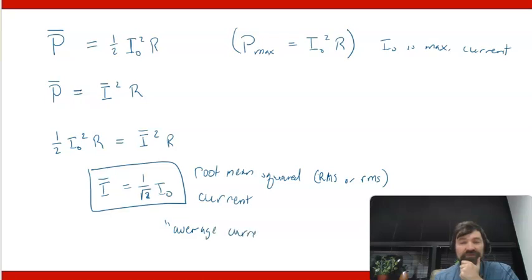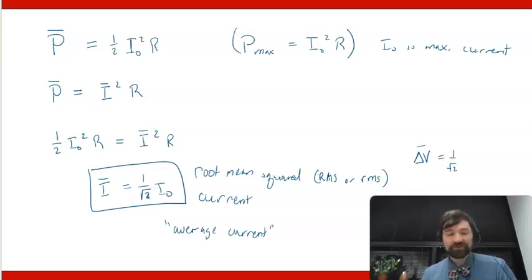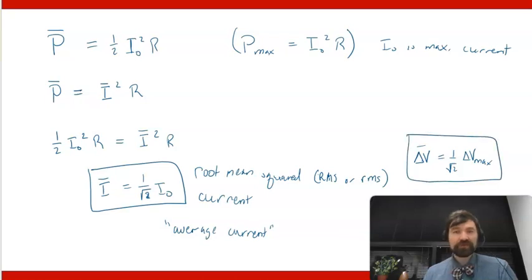The average voltage is found in very much the same way. Basically, your delta V average will be 1 over square root 2 of your delta V max. So that's your root mean squared voltage. Okay, and that's basically it for AC and DC through a resistor.